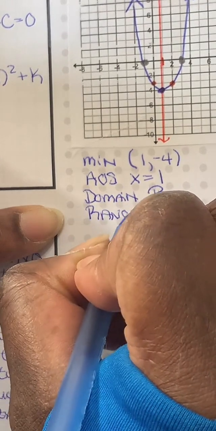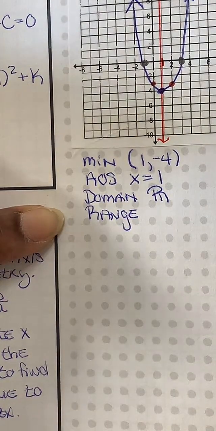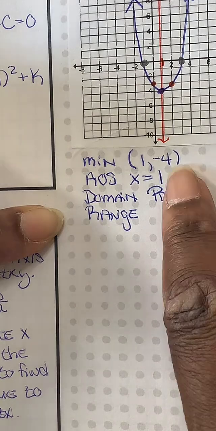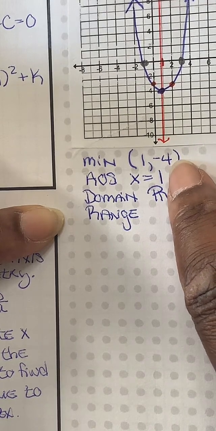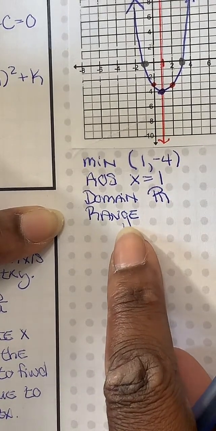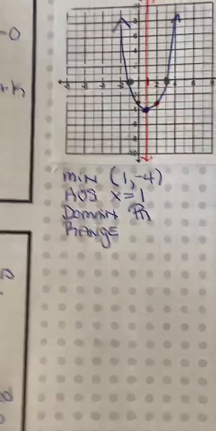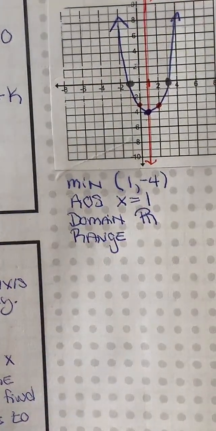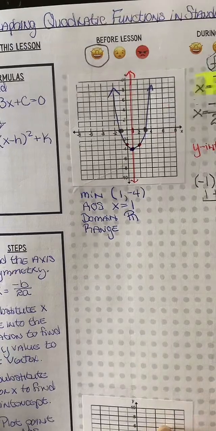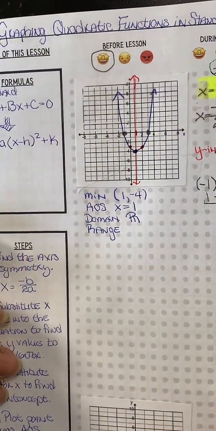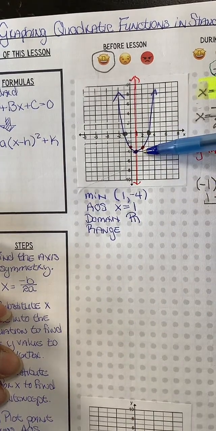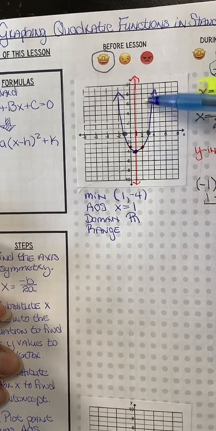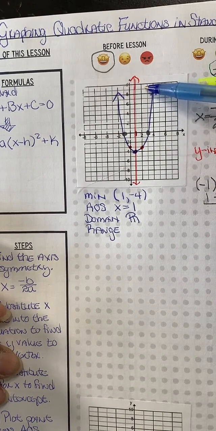This is the part that kind of trips people up a little bit, but I'm going to show you. You did all this work to find your vertex. Let your vertex help you. So for my range, I'm noticing a couple of things. Let me unzoom it just a tad. So I'm noticing for my range, it's at my minimum, and then it's going upward to positive infinity.